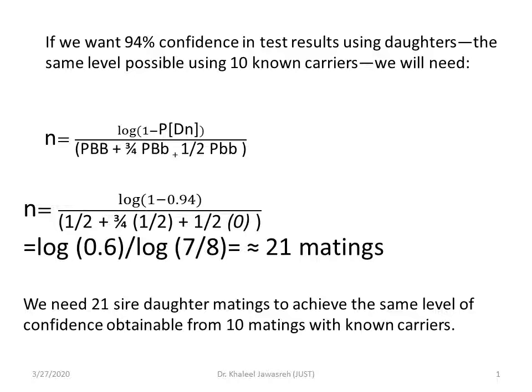So because of that, we add half here, or 1 over 2, for B capital, and 1 over 2 for B capital B small multiplied by 3 over 4, but 0 for B small, because we didn't use B small in this question. So the result of the logarithm here will be 21 matings. So we need 21 sire-daughter matings to achieve the same level of confidence obtained from the 10 matings with known carriers. This is how we deal with such problems.